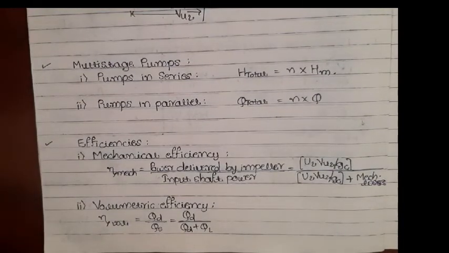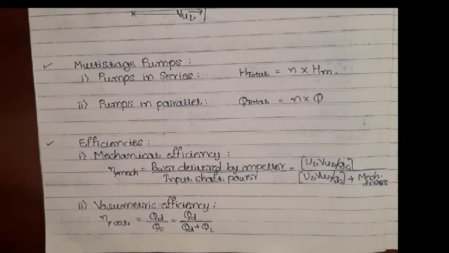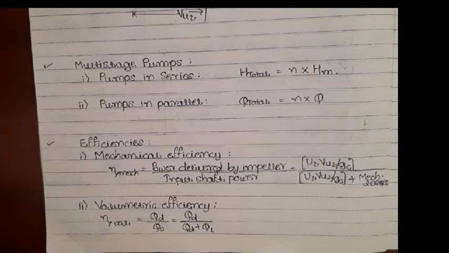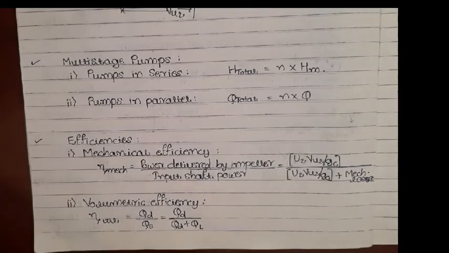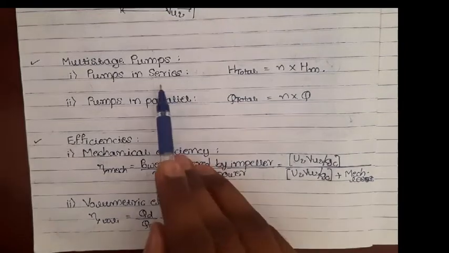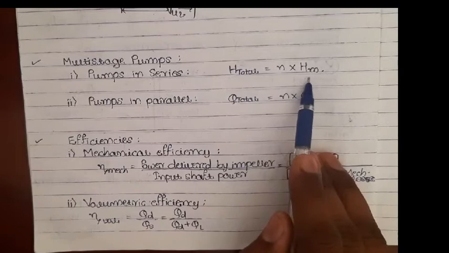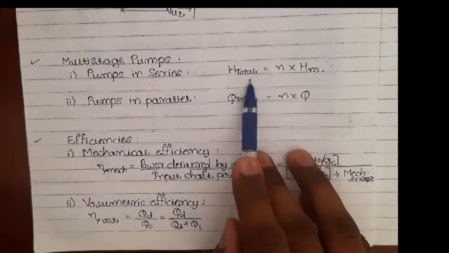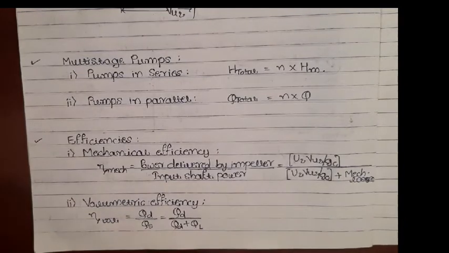So because of all these factors, what do we do? We mount different impellers on the same shaft and call them multi-stage pumps. Based on our requirements, which can be of two types, higher head or higher discharge: whenever we arrange pumps in series, all the heads get added up and we can achieve a very high amount of head, say more than 50 meter, 60 meter, or maybe 100 meter in some cases.